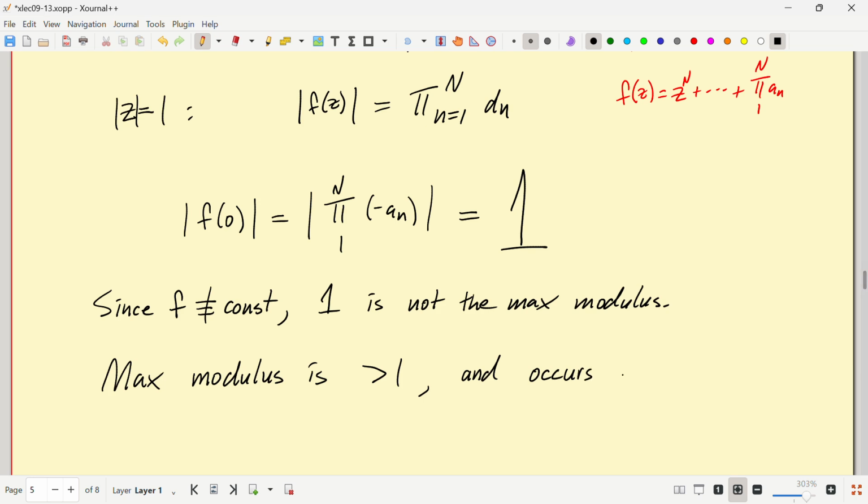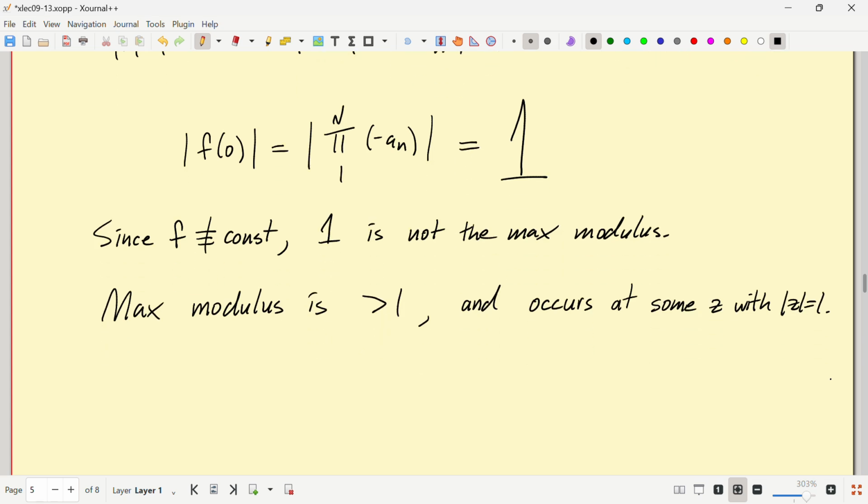That's a good idea. Yeah, that's exactly a good idea. So it occurs at some point z with the modulus of z equals 1. And Allah's idea was to think about what happens at the a_n's.